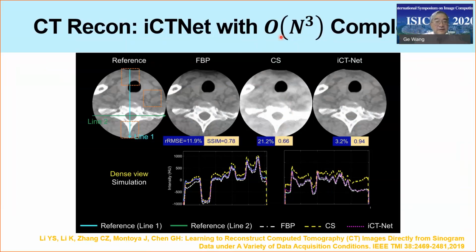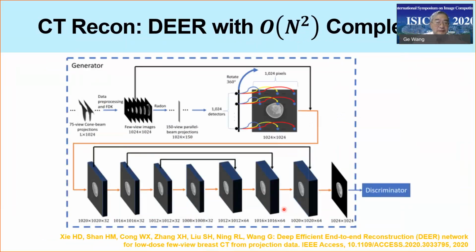As a result, the computational complexity is reduced to the order of n to the power 3. We did some similar design, but we try to make network connections based on individual datum and link each datum to every pixel along the X-ray path, instead of the whole field of view.